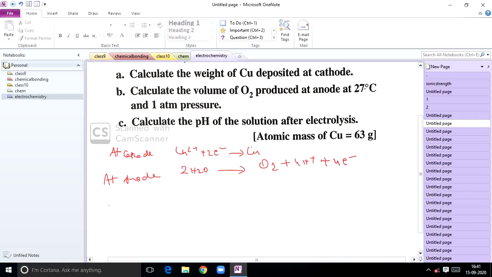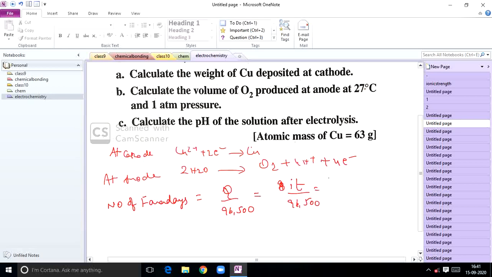See here, first we will calculate the number of Faradays, which is equal to Q by 96,500. Q means, what is the formula? IT by 96,500.